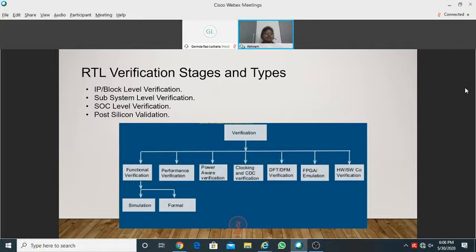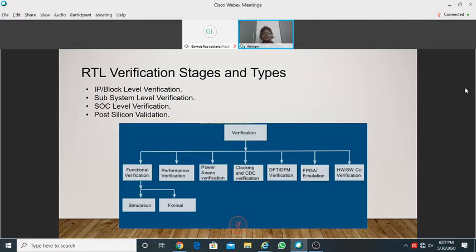If they don't comply, or if the data traffic that is going doesn't match, then those kinds of issues we can catch at the subsystem level verification. Then once we have multiple subsystems integrated, we will go into SOC level verification. For example, take a subsystem with an ARM processor. All the IPs which talk with the ARM have been verified separately.